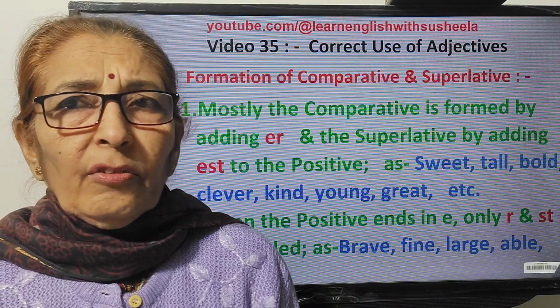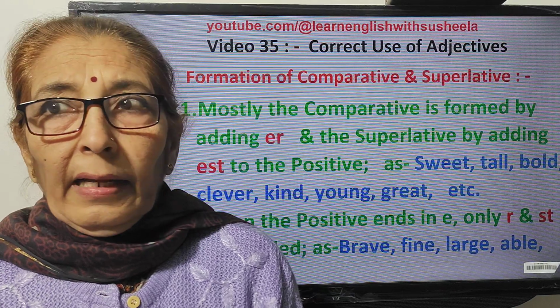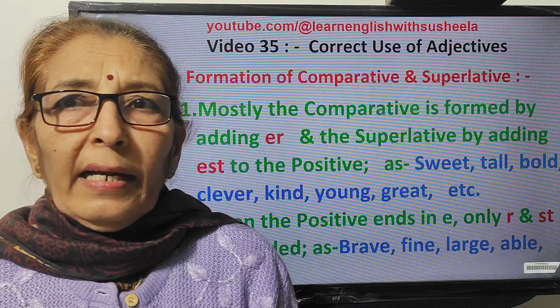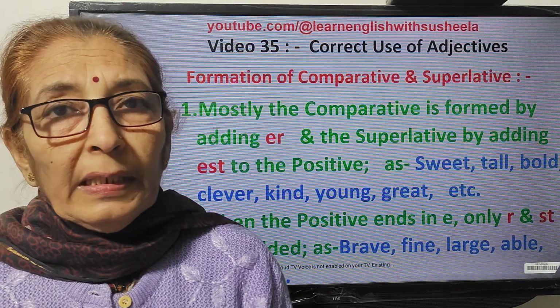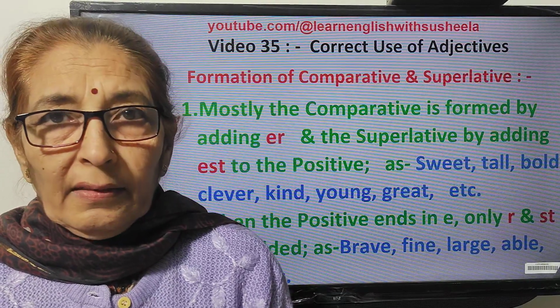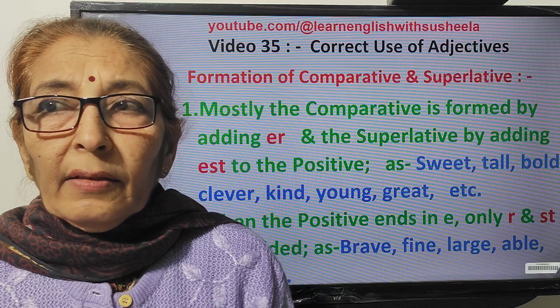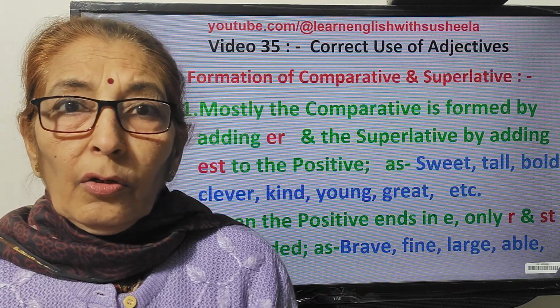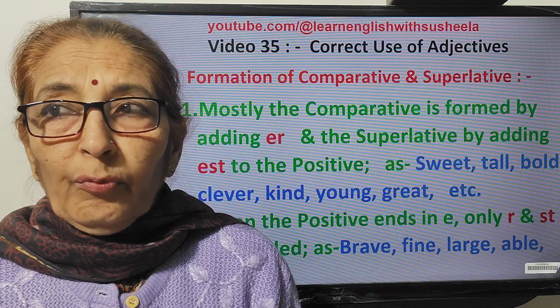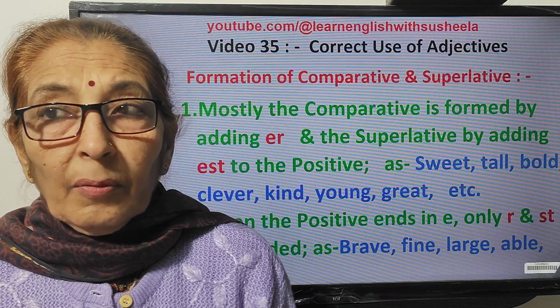Mostly the comparative is formed by adding er and the superlative by adding est to the positive. For example, sweet, positive; sweeter, with er, that is comparative; sweetest, we use est, that is superlative. Tall is positive, but if we use er, taller, that is comparative.